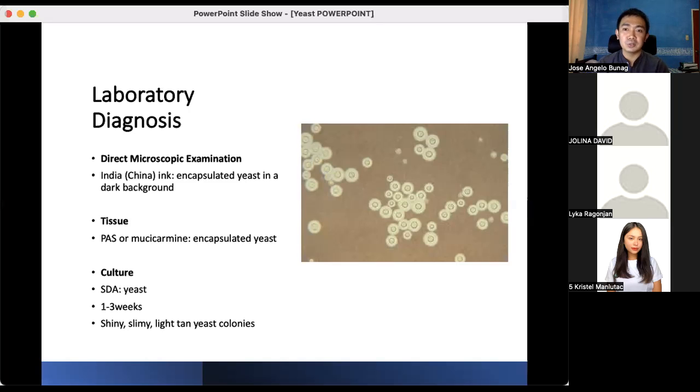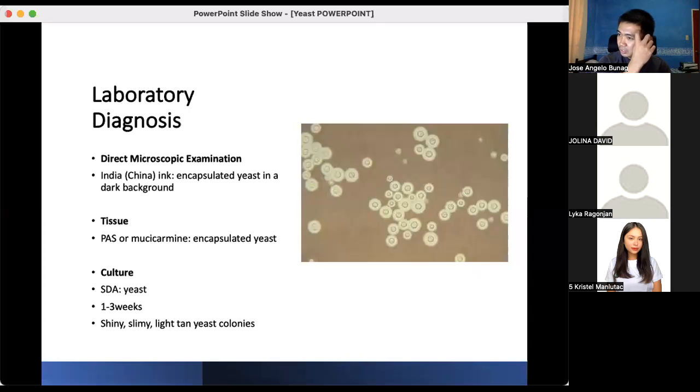You could also use your Gram stain. You could also use 10% KOH, particularly in a wet mount. But often, what we use is India ink, because with India ink, the capsule surrounding the budding yeast cell is seen in a black background, showing a halo appearance.